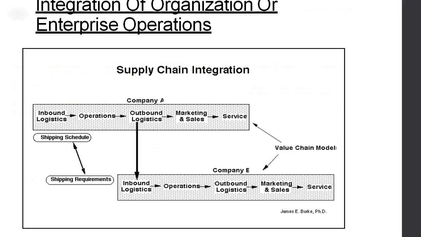After that we covered how a supply chain is related to different companies and how the value chain model is correlated with inbound and outbound logistics, and how they follow shipping schedules and shipping requirements. They are also correlated with each other, which is helpful for our supply chain integration and is maintained by our value chain models. Overall, this diagram shows the integration of the organization, or you can say enterprise operations.